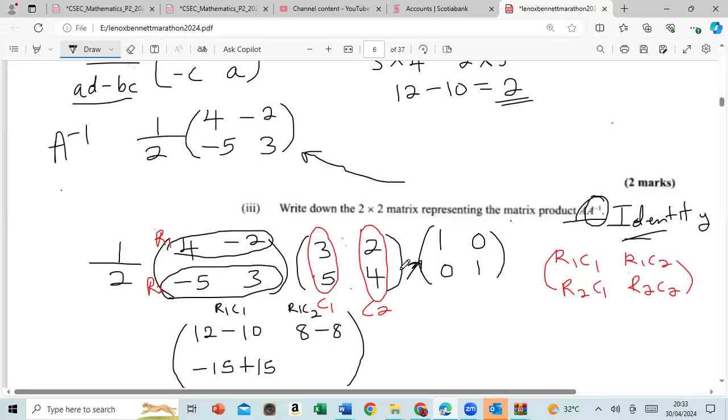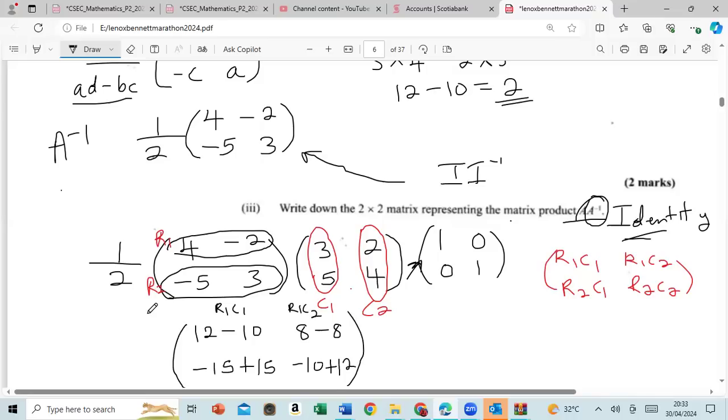Sometimes CXC will literally say, show that AA equals 1, 0, 1, or sometimes they use I. And then now negative 5 times 2, that's negative 10, and then 3 times 4, 12.